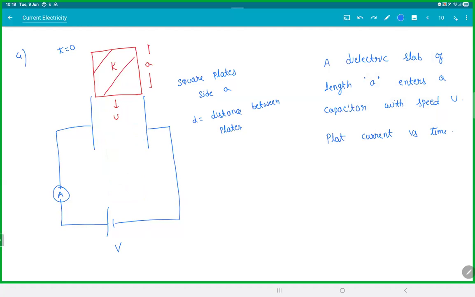Capacitors and current. That is the wrong answer.